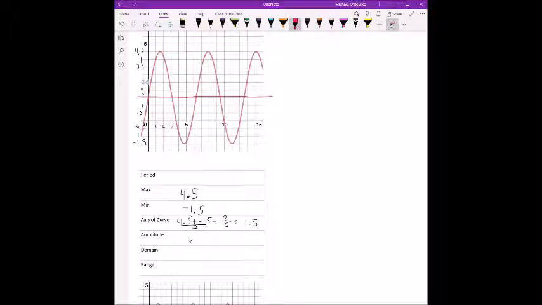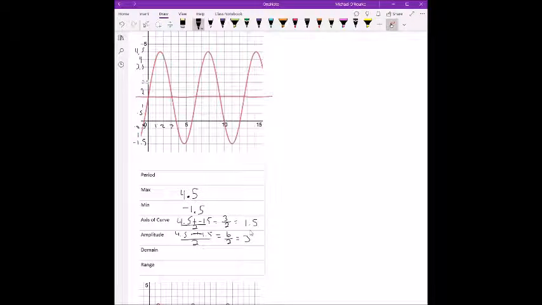Now what's the amplitude? Now remember, amplitude is always positive. You can't have a negative amplitude. Okay? Max minus min divided by 2. Good. So max is 4.5 minus negative 1.5 divided by 2, and those two are going to make a positive. So it's going to add up to 6 divided by 2, which equals 3. Good.